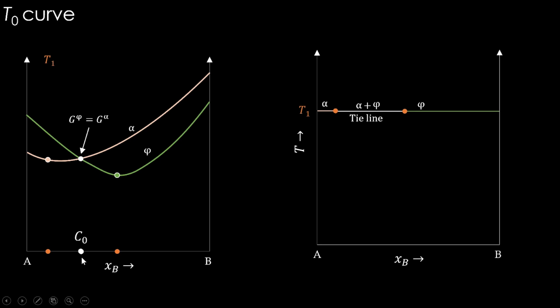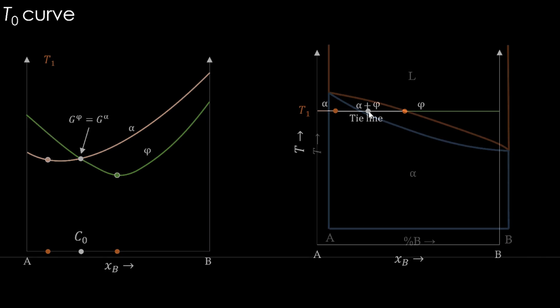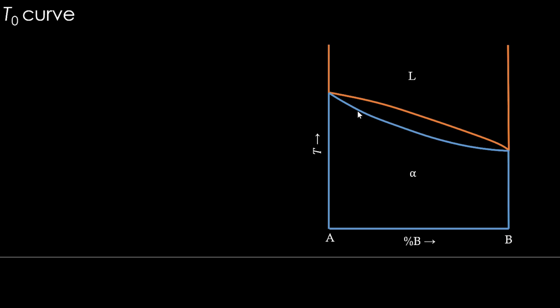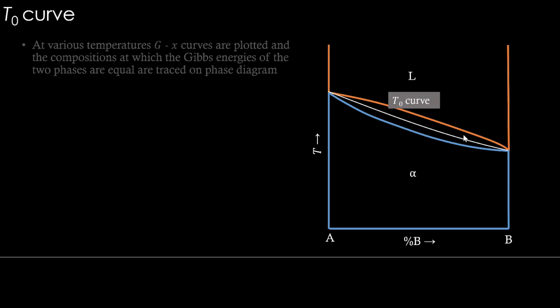If we translate this composition point to the phase diagram against this temperature, it's going to be here, and if we repeat it between the two phase region at multiple temperatures, we are going to get these different dots, all C0 compositions corresponding to different temperatures. Join all of them, we are going to get the T0 curve, right?